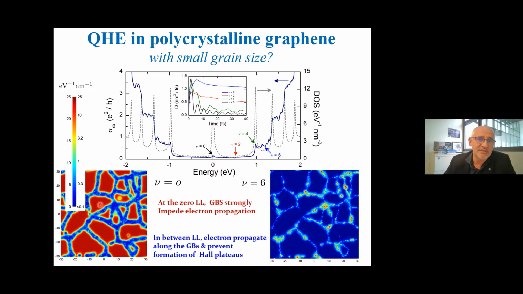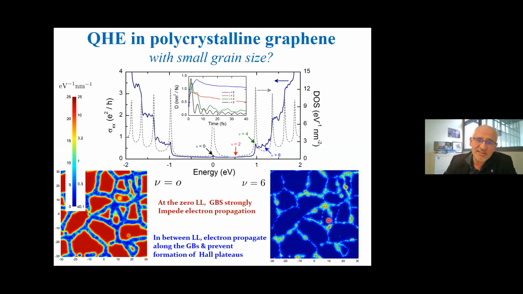So the density of states is just large when you have the Landau level developed inside the grain, but very weak outside. But when you are in between Landau levels, where you would expect to have a plateau of the quantum Hall effect, actually what you see here, by projecting for instance the density of states in the system, is states only on the grain boundary, and the grain boundary network is providing a pathway for electrons to go out of the system.